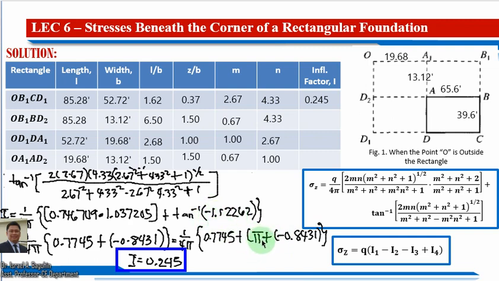No need to add this pi if the result of your arctangent here is already positive. So you can proceed directly without adding this pi. So using the same calculation and formula, we can have these influence factors of our second, third, and fourth rectangles as follows.